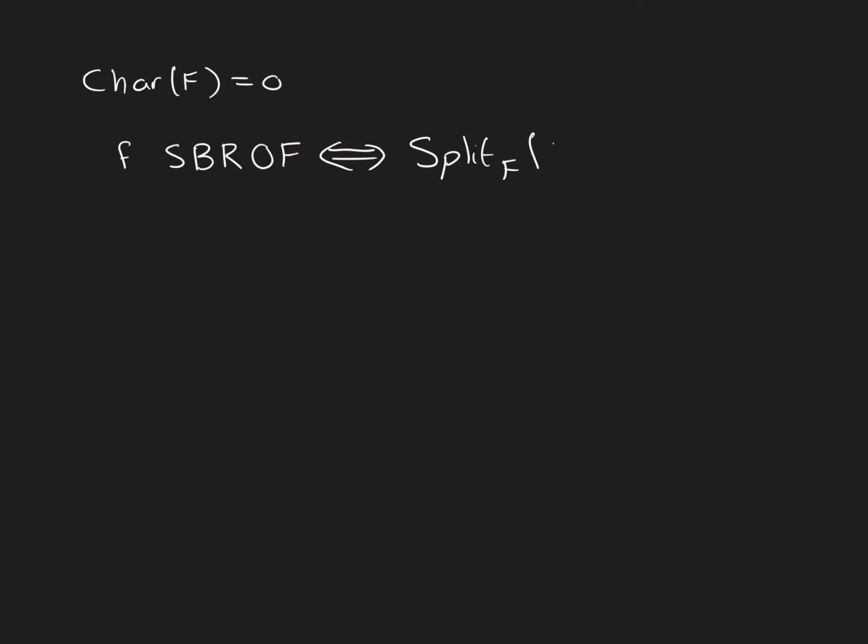What we showed is that if the field F is characteristic 0, then a polynomial little f is solvable by radicals over F, the big F, the field F, if and only if the splitting field of little f over big F is finite solvable, which I'll abbreviate to FS for short.